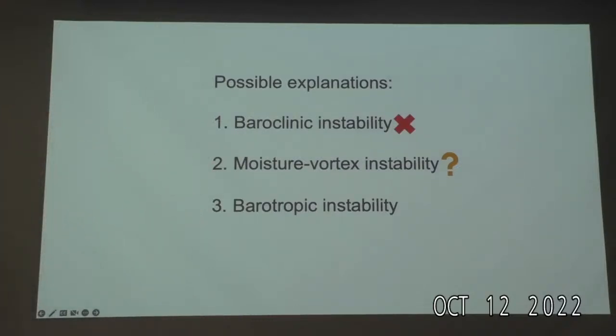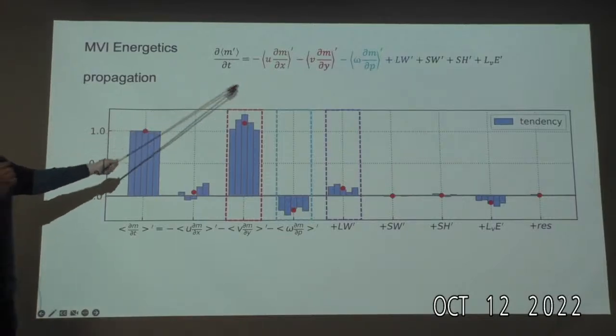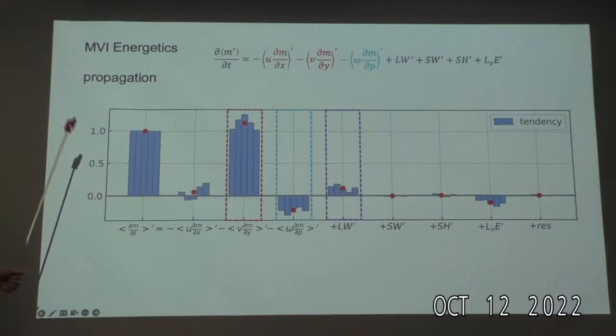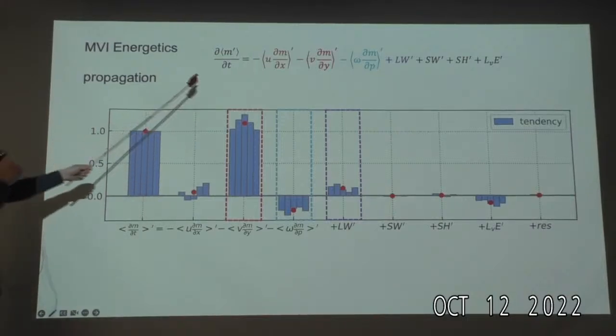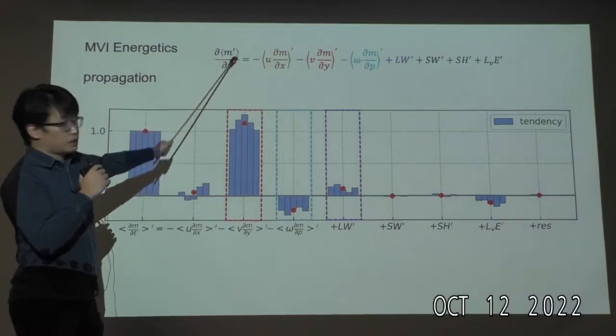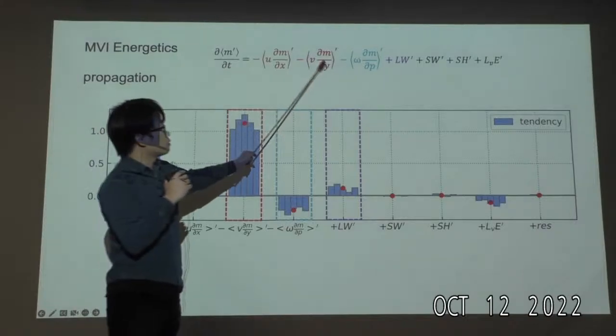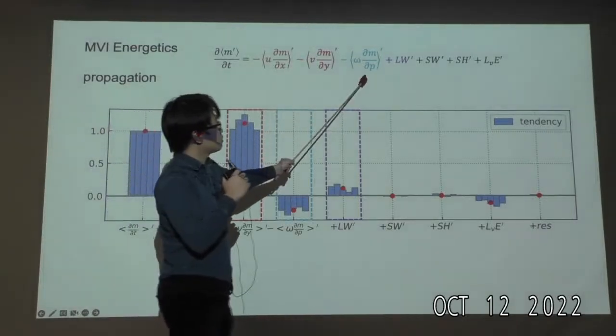So if we want to solve this question, we should look at the budget of moist static energy. This equation shows the budget of MSE. This is the tendency of MSE, and this is the zonal advection of MSE. This is the meridional advection, vertical advection.